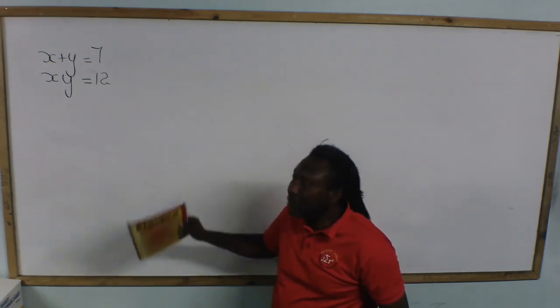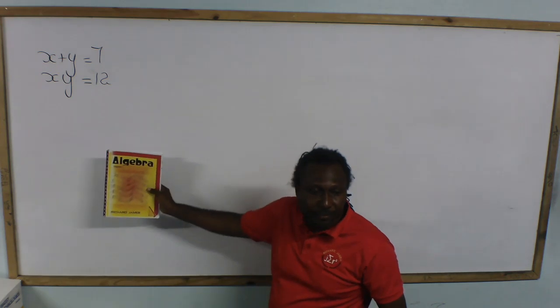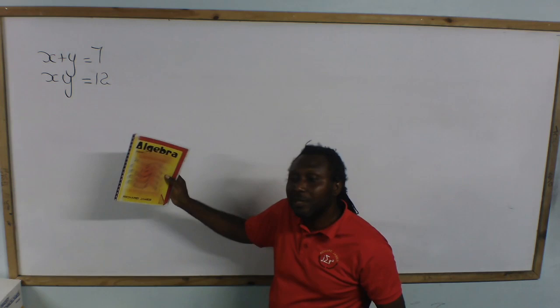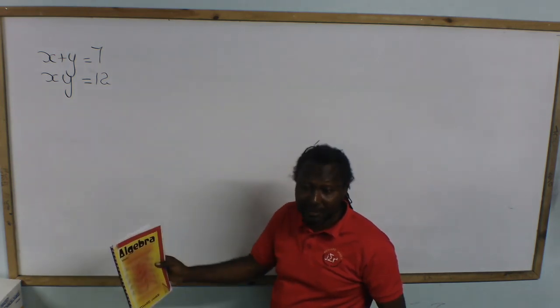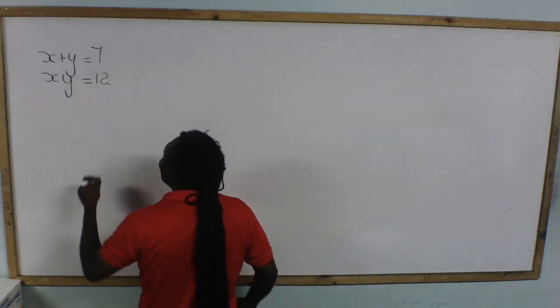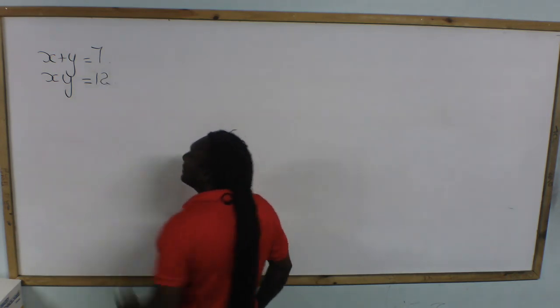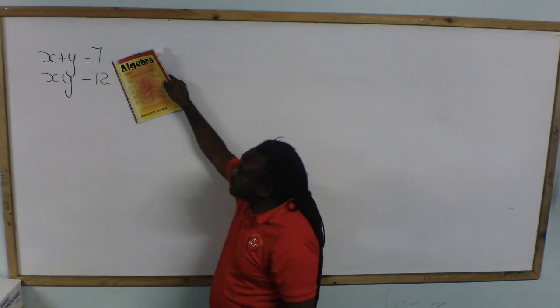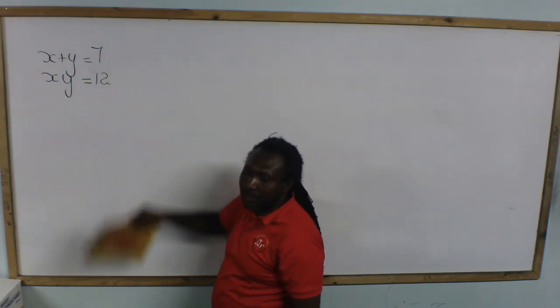Now, when you solve any system of equations, that system can be represented graphically. That means we have a graph here and we have another graph right there. Now, this graph is what kind of a graph, if you can tell?